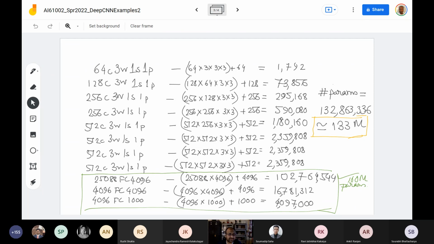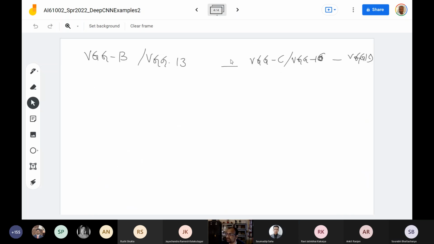Now VGG 19 is sort of the bulkiest, with the maximum number of parameters. Now in VGG 13, in the first two blocks of convolution, in case of VGG 11, what you had is your input going to a 64C3W1S1P, and then a max pooling.